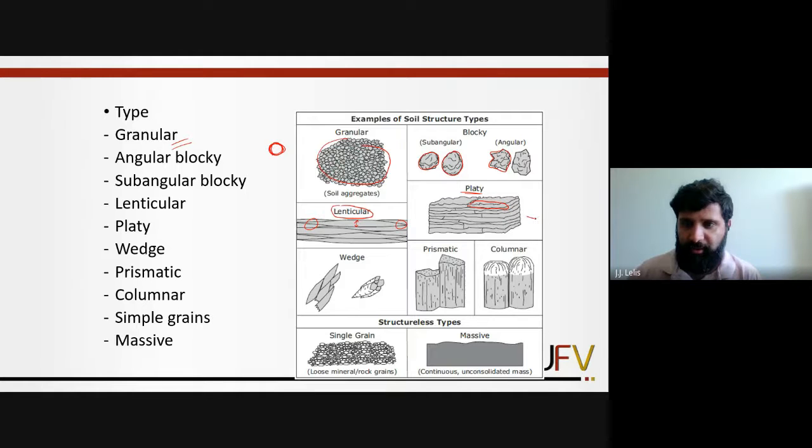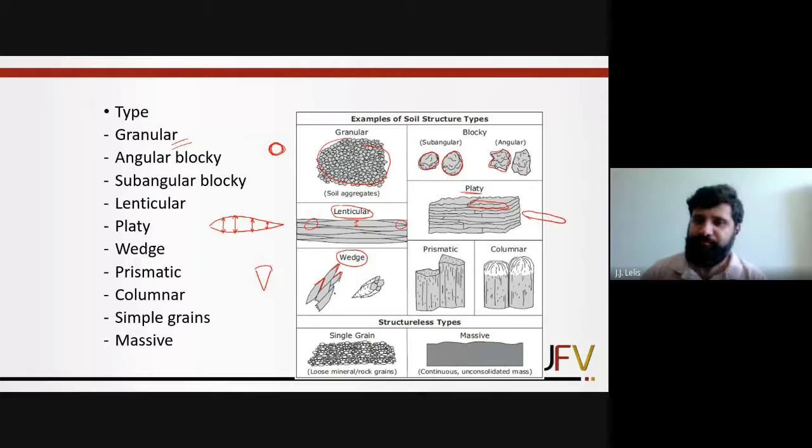They present this kind of description, and the lenticular present this kind of description. They have a difference in the size of the aggregates according to the position. We have some wedges that have a V shape. There are some materials like this, V-shape peds.